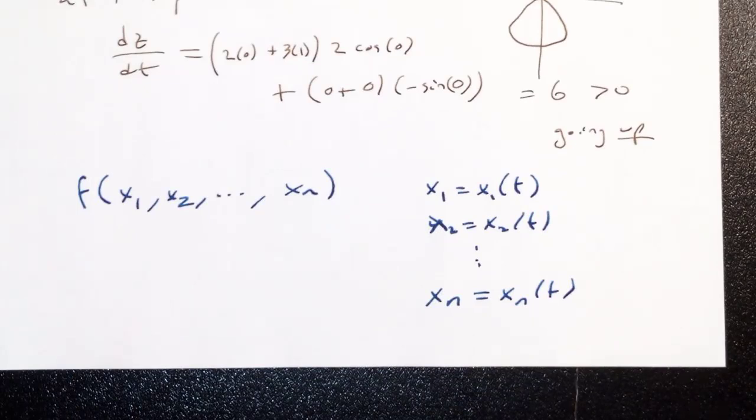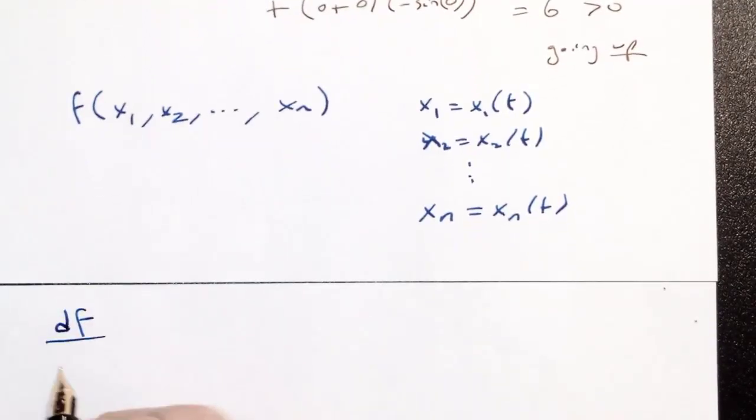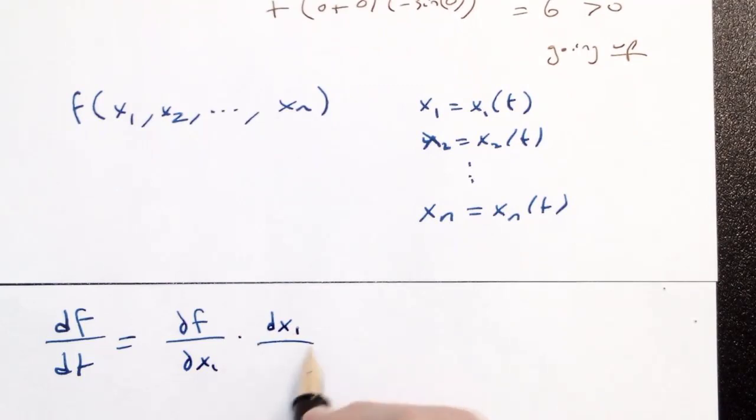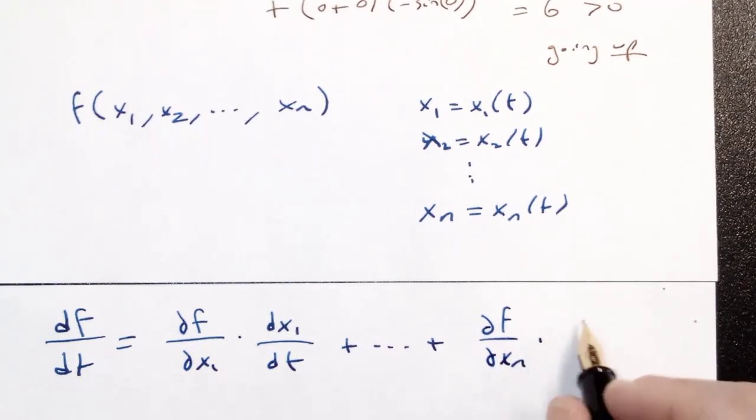And I can say that to do df dt means to do all the partials. Partial of f with respect to x1 times dx1 dt all the way up to partial of f with respect to xn times dxn dt.